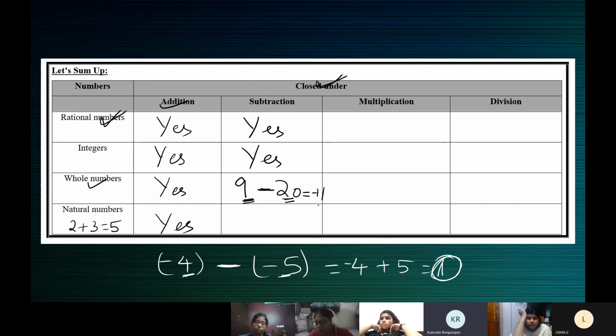It's not a whole number, it's an integer. Or you can say -7 is a rational number.